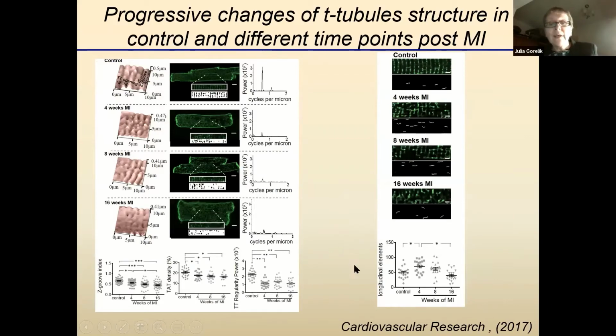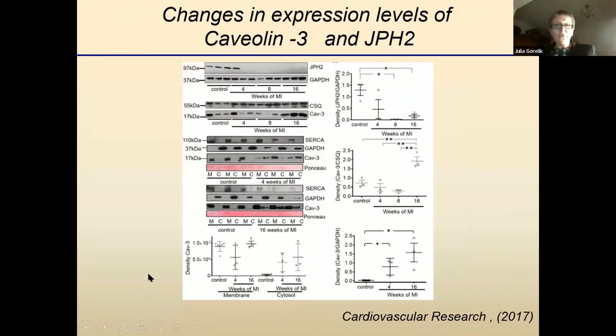Already at 4 weeks after myocardial infarction, we have a lot of longitudinal and axial tubules in the cells, and severe detubulation already at the early stage. Also, very interestingly, we have a lot of caveolin-3 overexpression in myocardial infarction, but this caveolin-3 is in the cytosol.